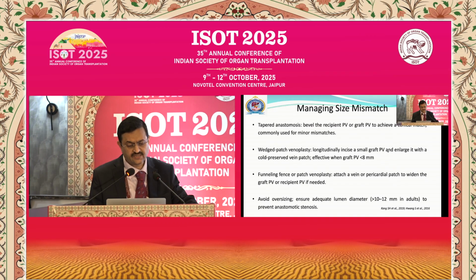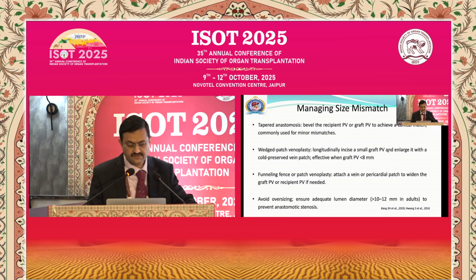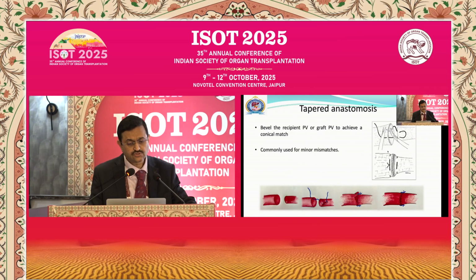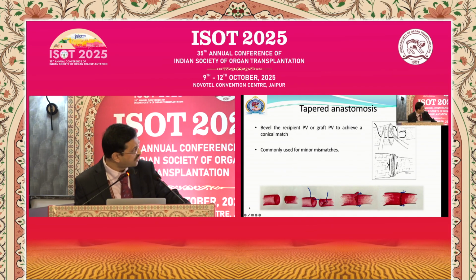You can do funneling, and you don't need this mismatch to be too huge between the recipient and the donor. Otherwise there will be constant blood coming out, and you will have trouble once you open the clamps. How they do a tapered anastomosis, this I have shown is a bevel, where you take a sort of mattress suture, and that is how you will attain a beveled anastomosis.